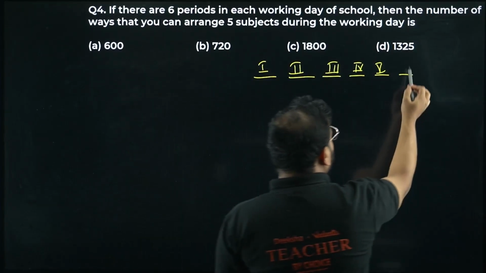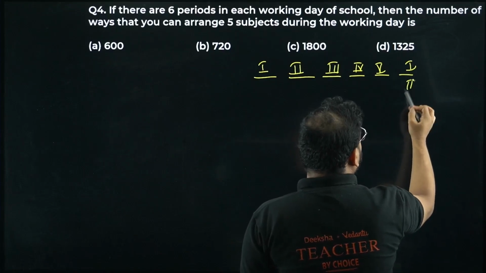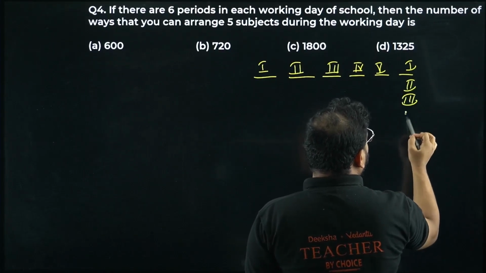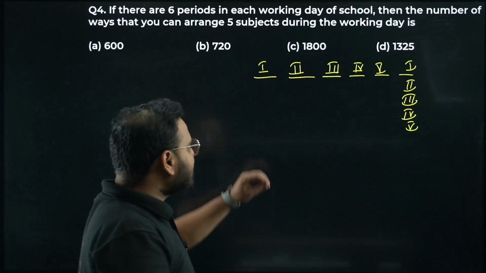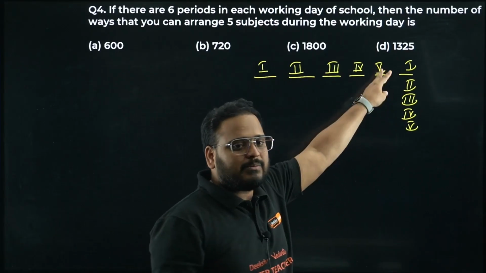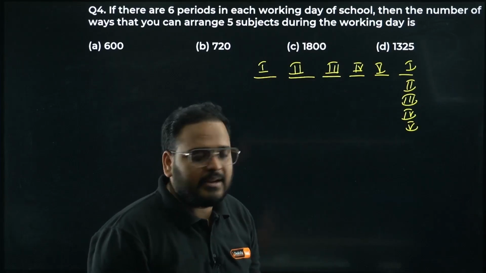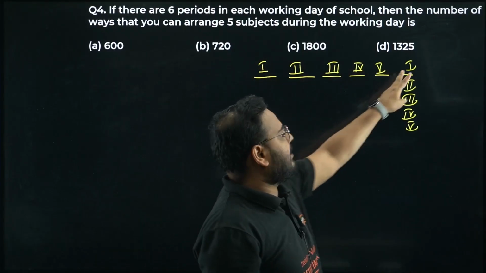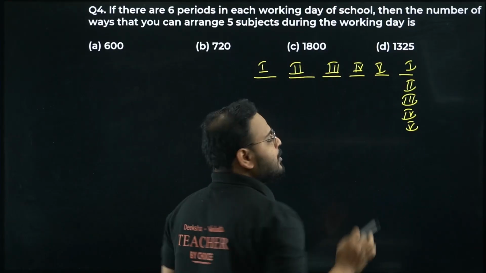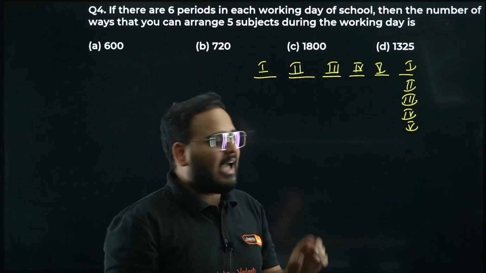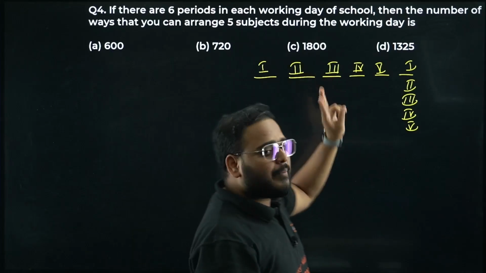Either subject 1 can come, or 2 can come, or 3, or 4, or 5 can come. Basically in any of the cases I will have one subject repeating. Agreed? If I take subject 1, I have subject 1 coming 2 times. If I take subject 2 over here, I'll have subject 2 coming 2 times. So whichever case I take, I will have any of the subjects repeating in nature.